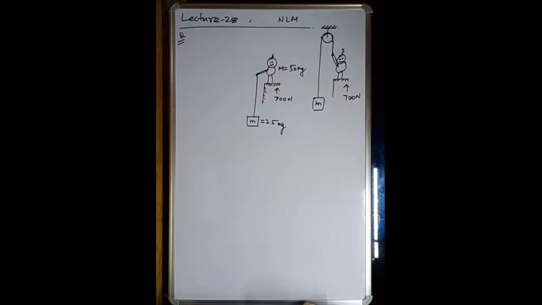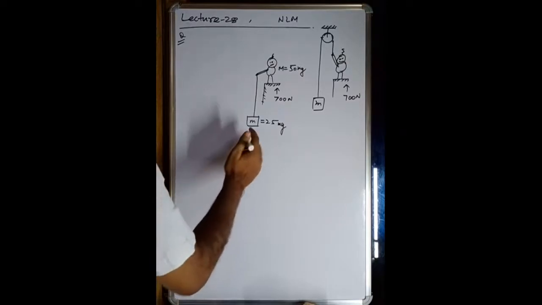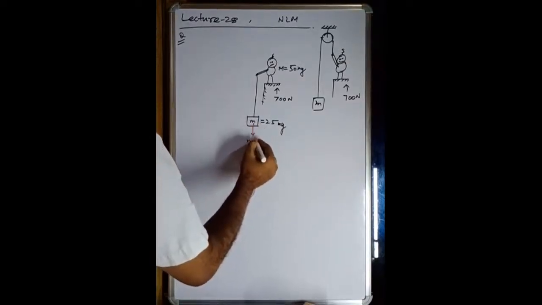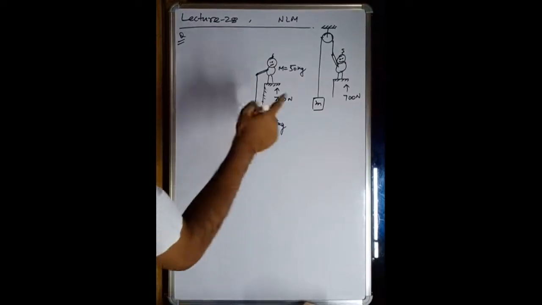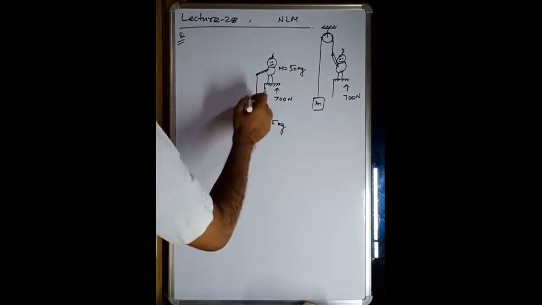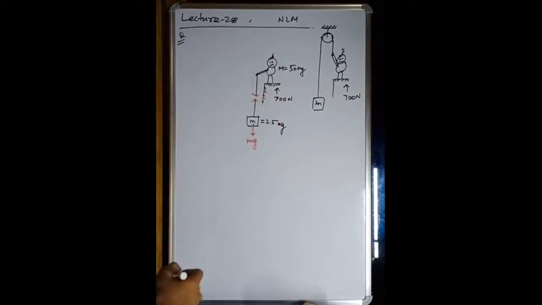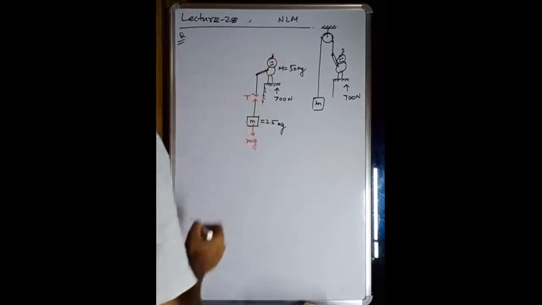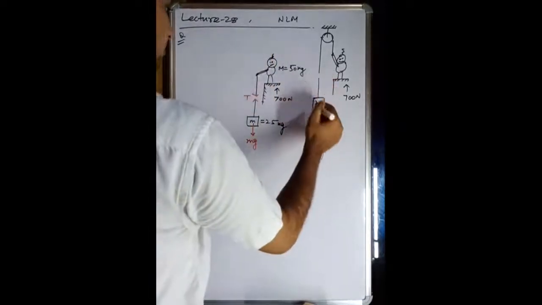How to solve this question? Here we have to make the free body diagram. Of course this weight mg is not going somewhere else, but it is transferred to the hand of the man and going to act on the floor. If it is T, the system is in equilibrium.